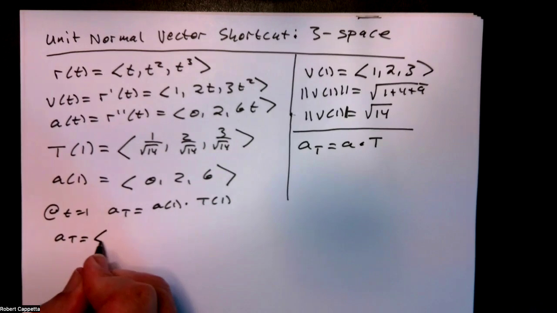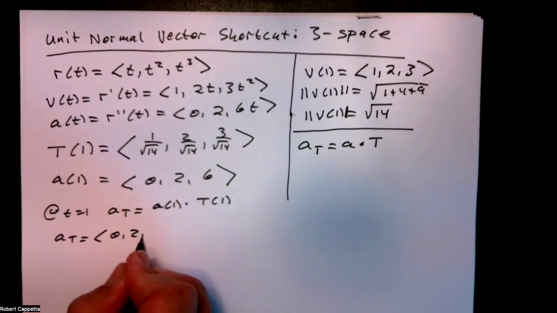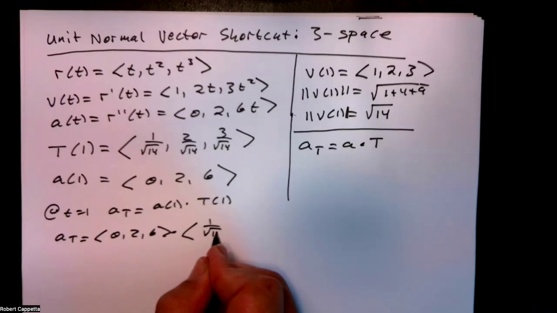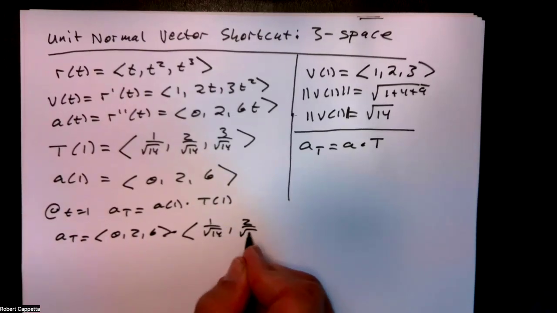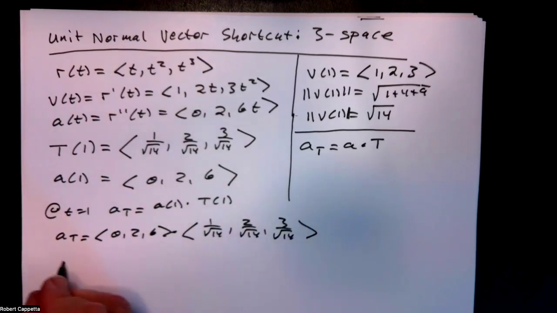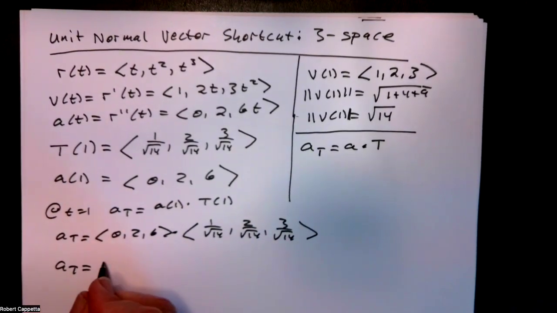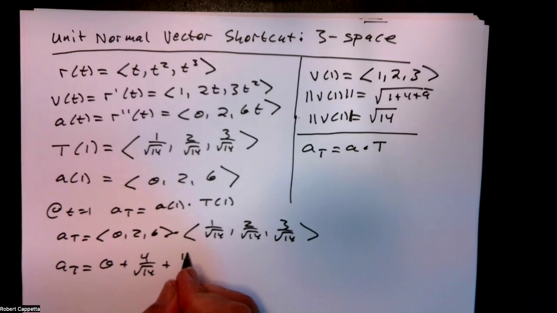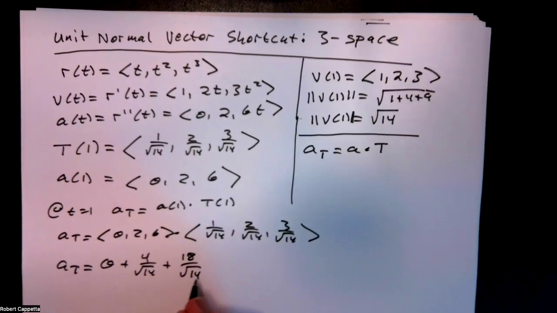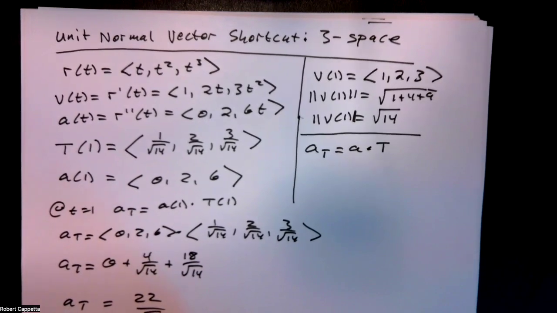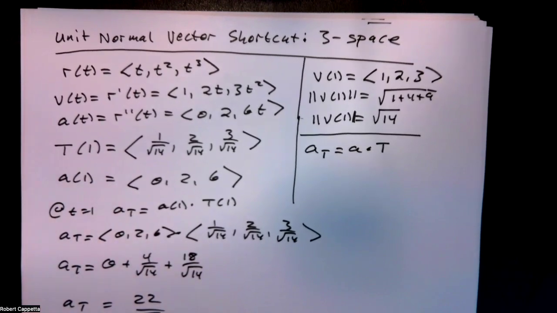So a sub t will be 0, 2, 6 dot 1 over root 14, 2 over root 14, 3 over root 14. So what's that going to give me? 0 plus 4 over root 14 plus 18 over root 14. So we get a sub t is 22 over root 14.